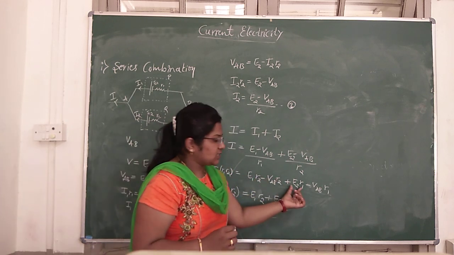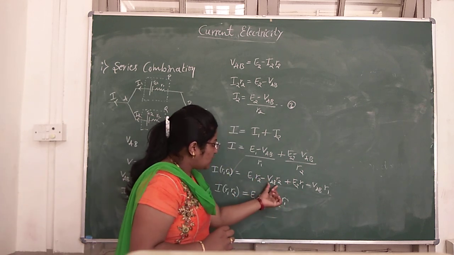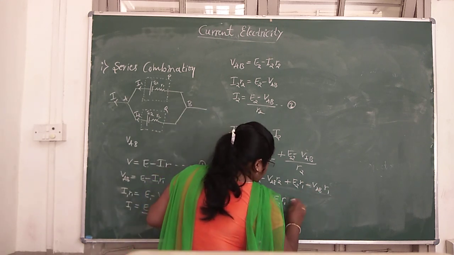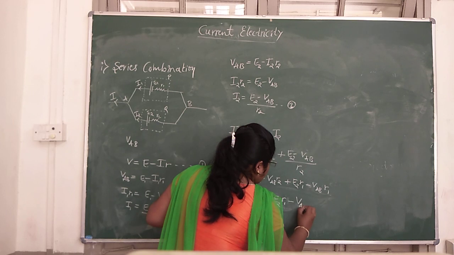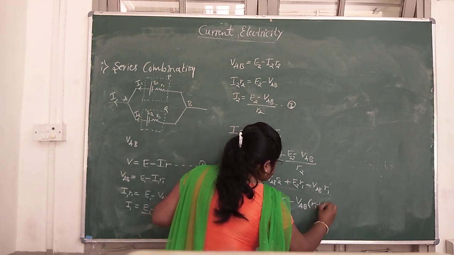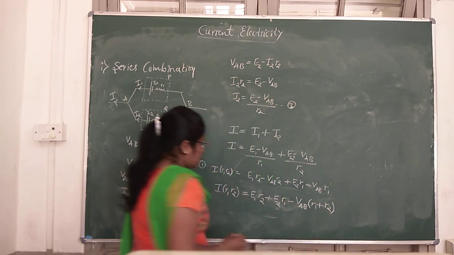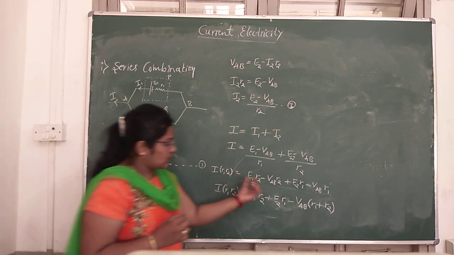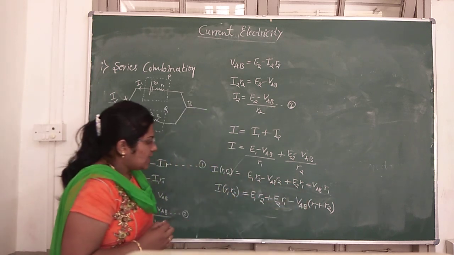And VAB is common here, minus VAB, so take it common: minus VAB into R1 plus R2. Minus VAB into, in bracket, R1 plus R2 is remaining.